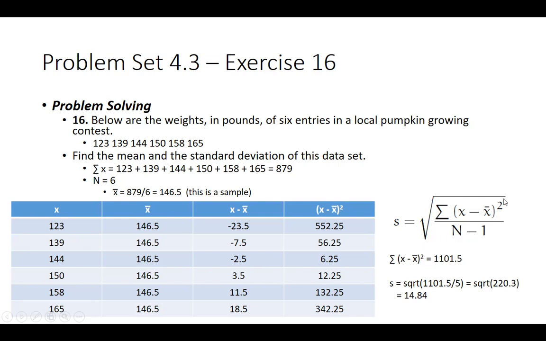So we want the square root of 1,101.5 divided by 5. 1,101.5 divided by 5 is 220.3. The square root of 220.3 is 14.84. So standard deviation is 14.84.